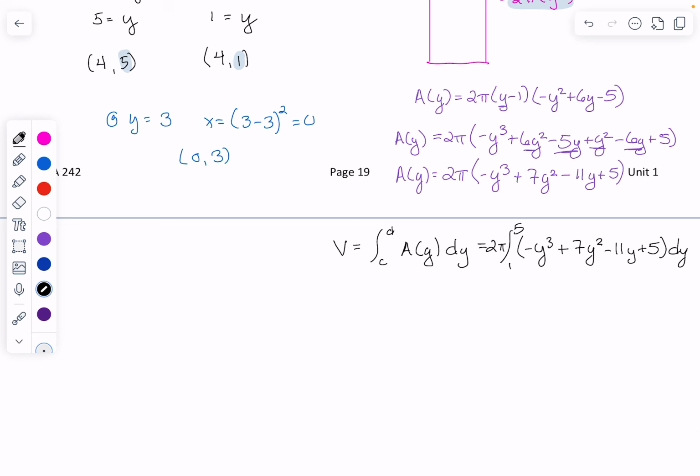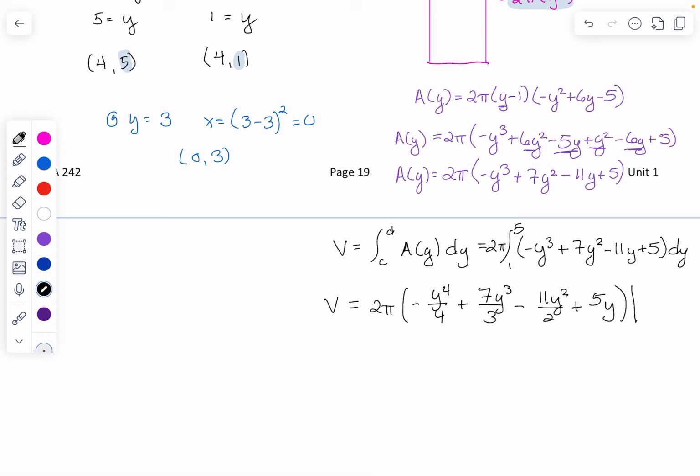What you should find there is a volume that's equal to 2 pi. I'll do the first part of the integral for us, times negative y to the 4th over 4, plus 7y cubed over 3, minus 11y squared over 2, plus 5y.